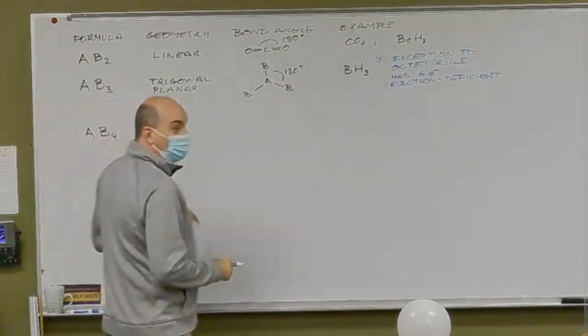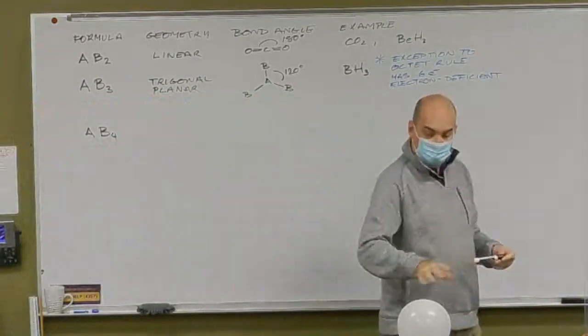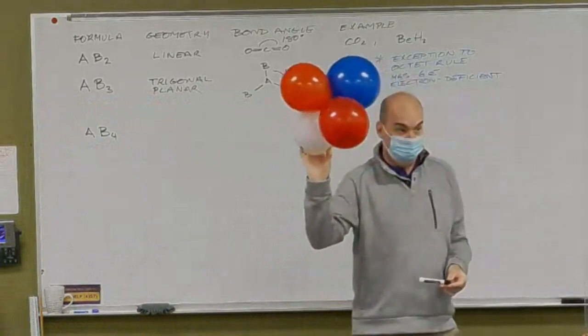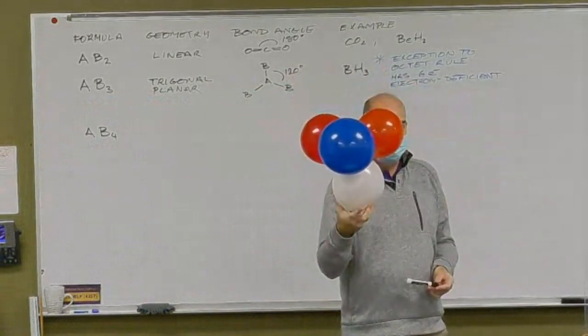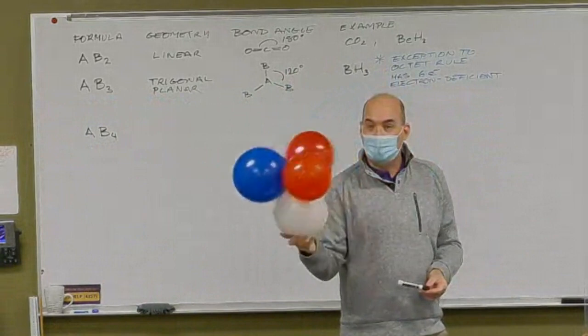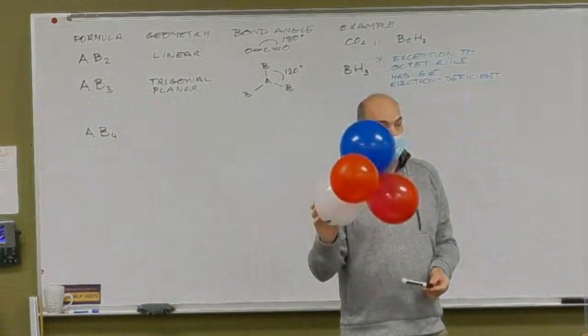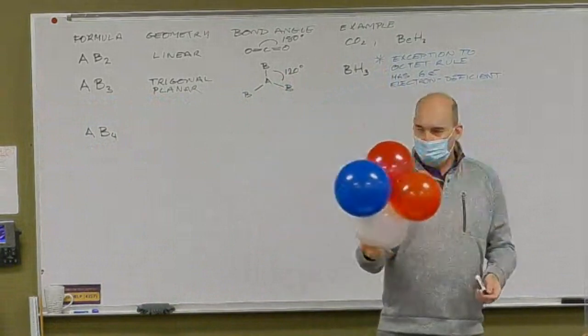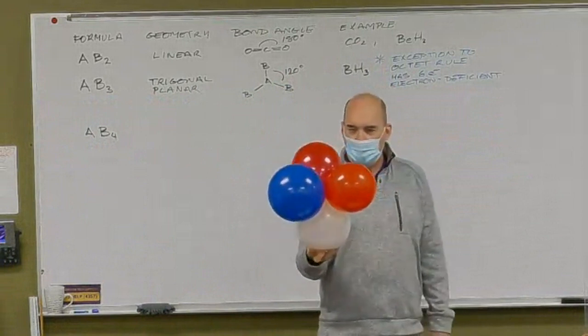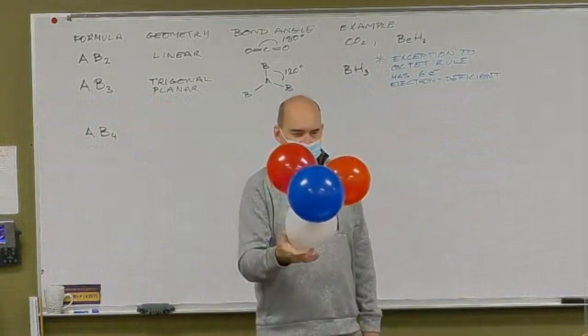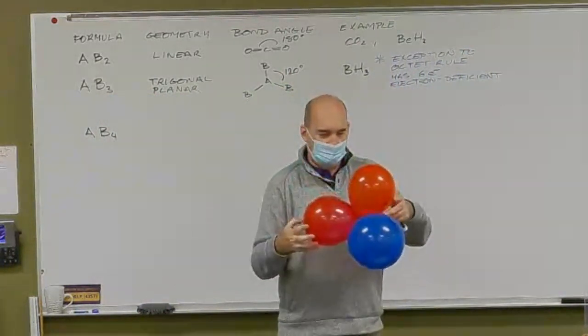When I take a central atom and I put 4 bonds around it, I get the tetrahedron. All of these bond angles are the same. So now what I have to do is come up with a way of drawing this that people can understand.